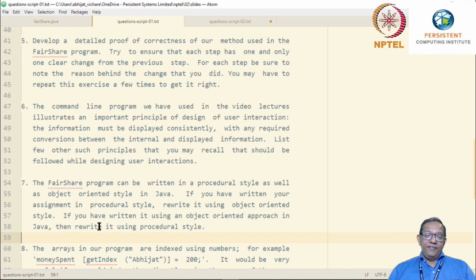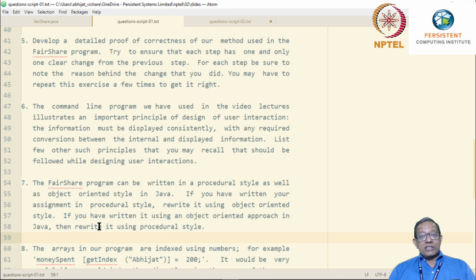The seventh question. The fair share program can be written in procedural style as well as object-oriented style. We suggest that you write the program in both the styles. That way you will understand the differences and the advantages between the two styles.